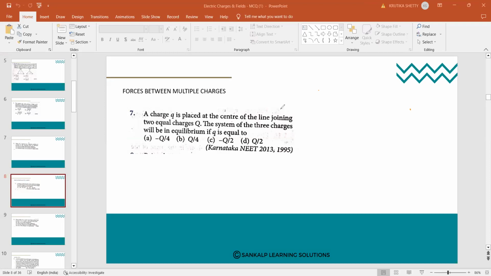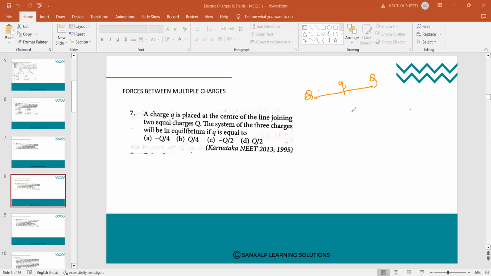yes. So see the solution. First the diagram. That is, we have the charge q at the center. Small q charge is placed. Yes. Then next, when you are saying for equilibrium, the net force on the charge must be 0.